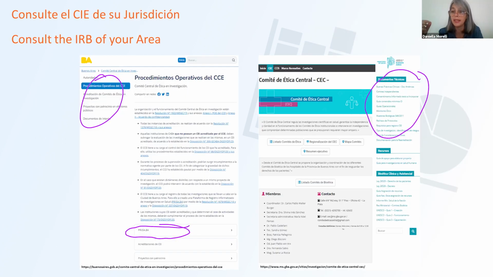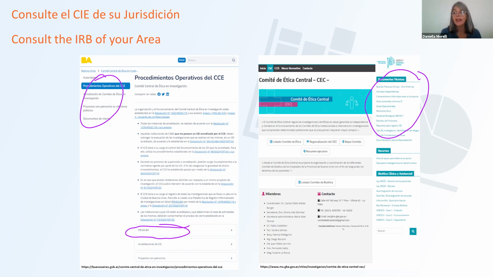And the third topic is I have to present my work to the committee in my area, my study. And each committee has a procedure. They have to comply with the legislation in force, the international norms, the local norms.